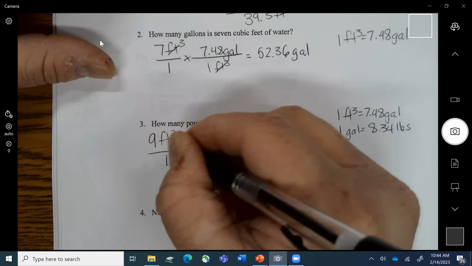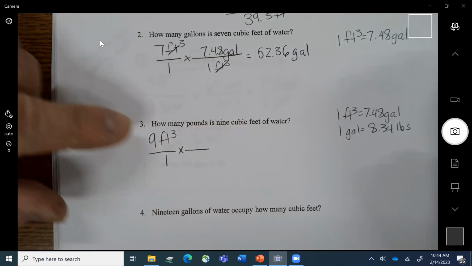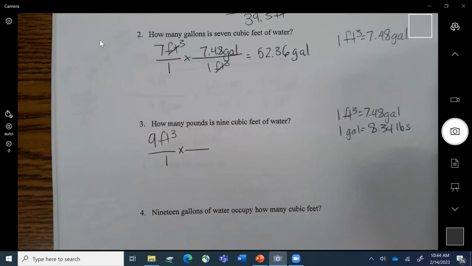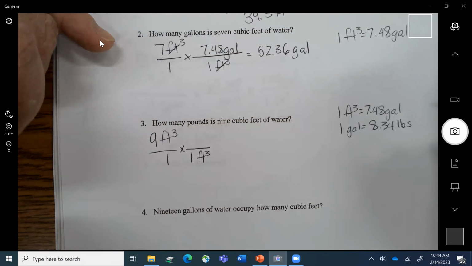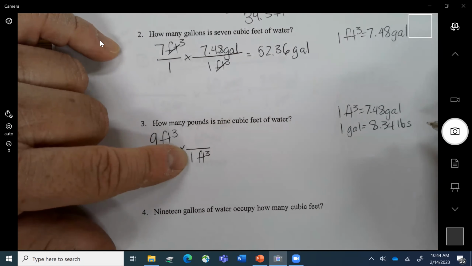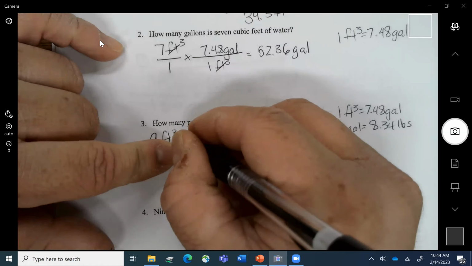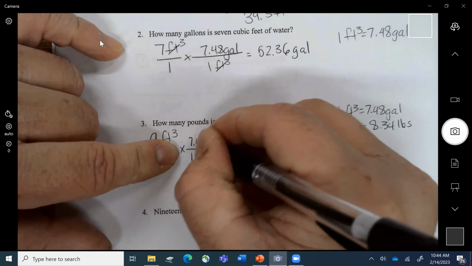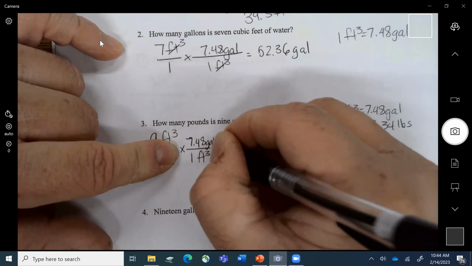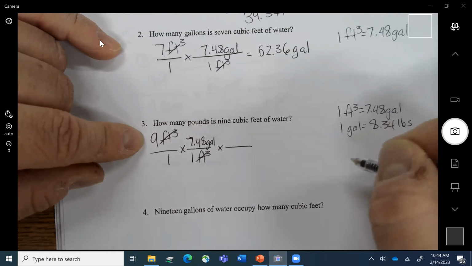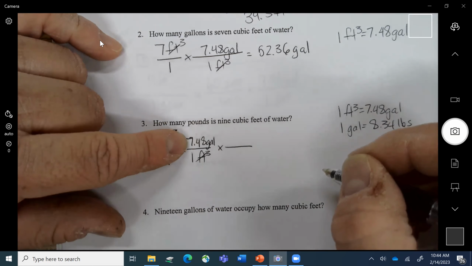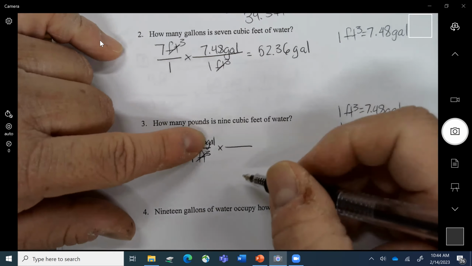So if my cubic feet are on top, where do they need to be to cancel? Down below. And 1 cubic foot equals 7.48 gallons. So that's what goes up top. Okay. So cubic feet cancel like this. 7.48 gallons is what I'm left with, the unit of gallons.